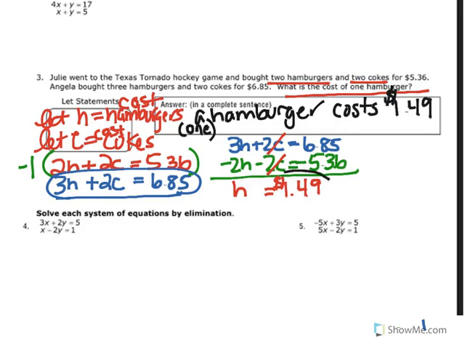I took the $1.49 and plugged it back into the original equation, and I found out that a Coke costs $1.19. And then I took those two amounts and plugged them back into one equation to make sure they check, and they do. So there you go. Okay, let's look at number 4.